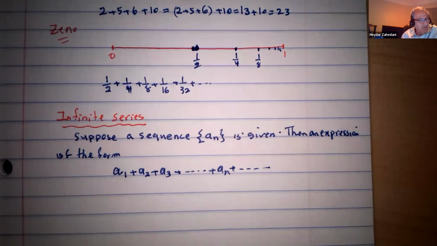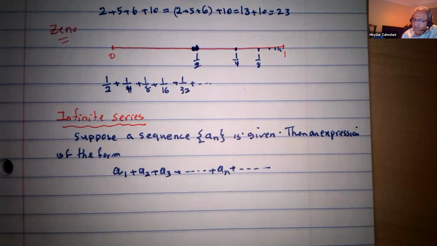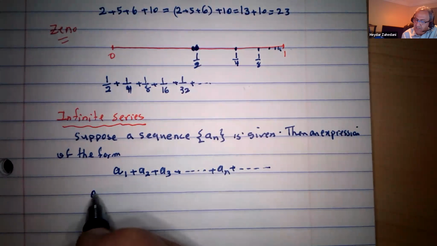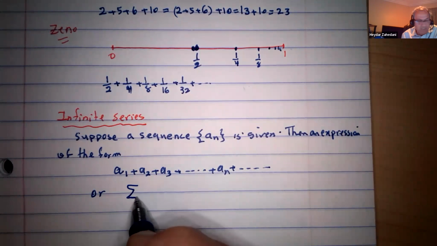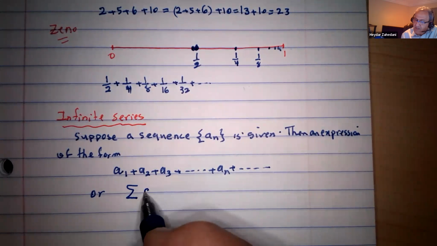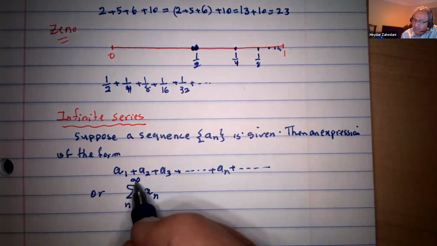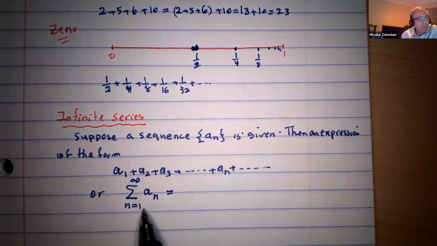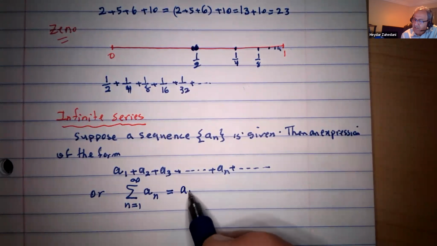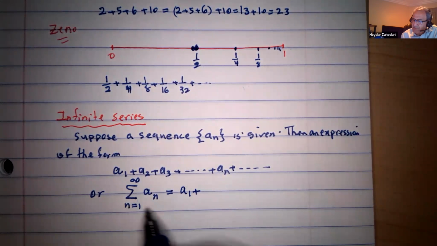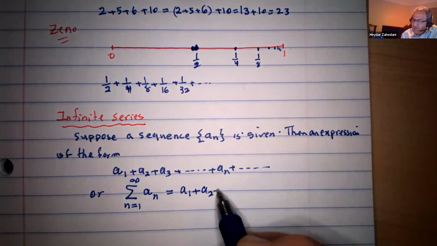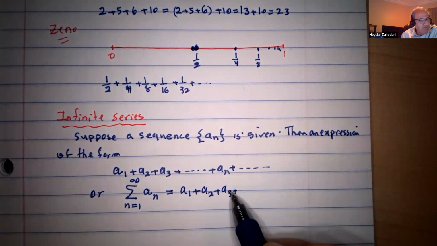This form, that we shrink into this format, we write in sigma form: sigma of AN, n from 1 to infinity. It's the same thing. It means you replace n by 1, that gives A1, then sigma means plus, then we get the A2, A3, forever.